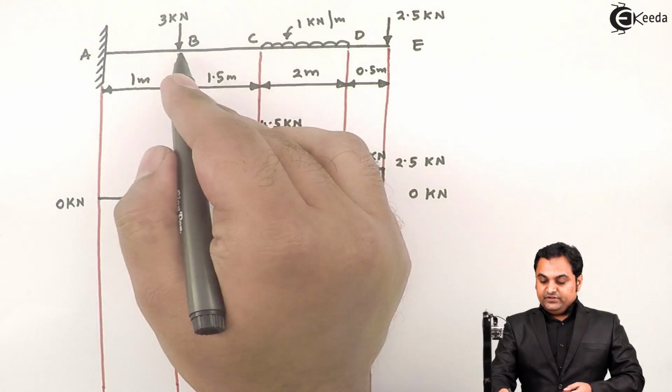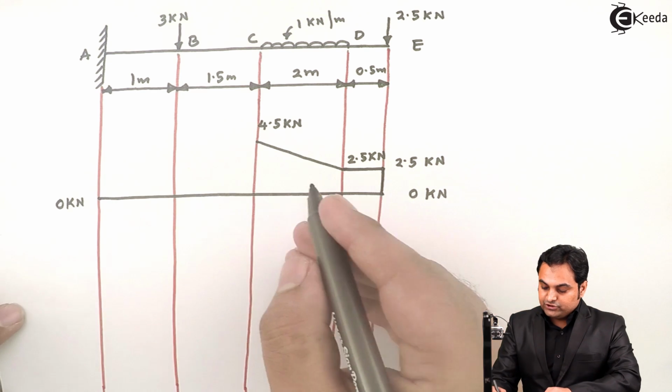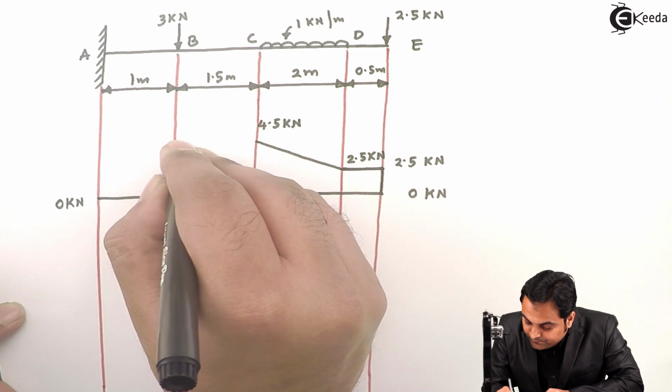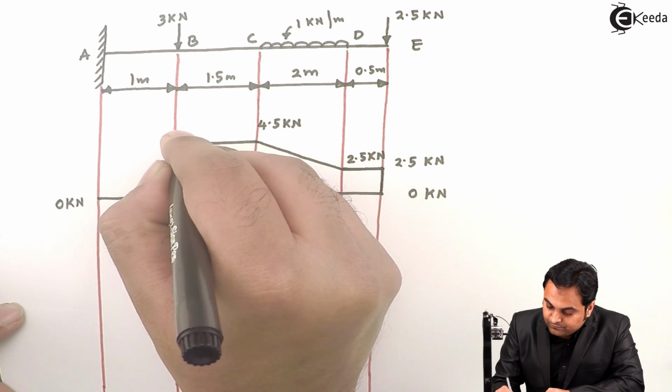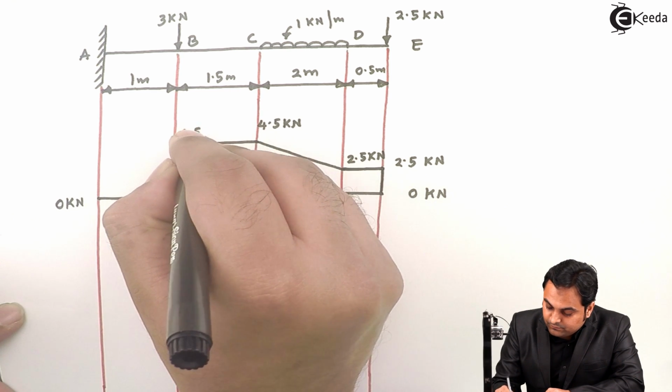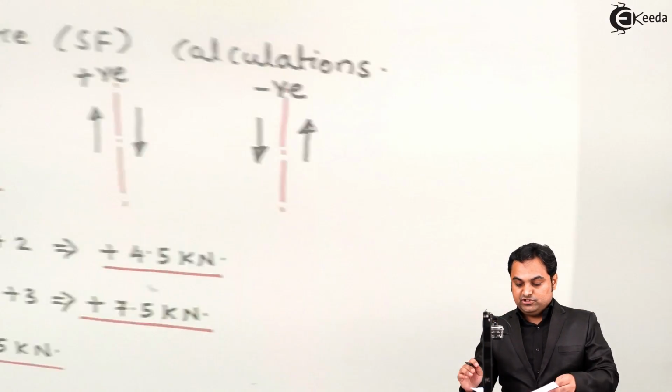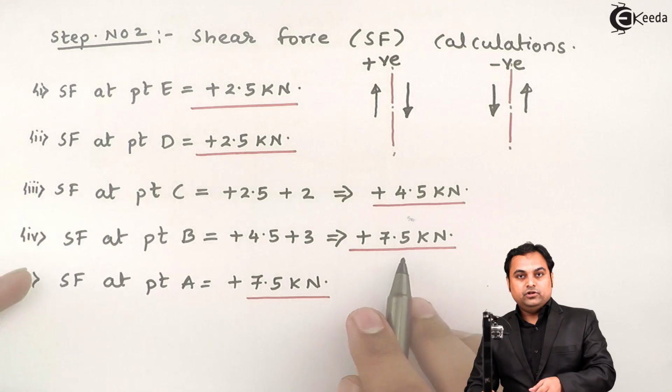Next, between C to B there are no forces, so this 4.5 will remain constant from C to B. Then at point B the value of shear force is 7.5 kilonewton.